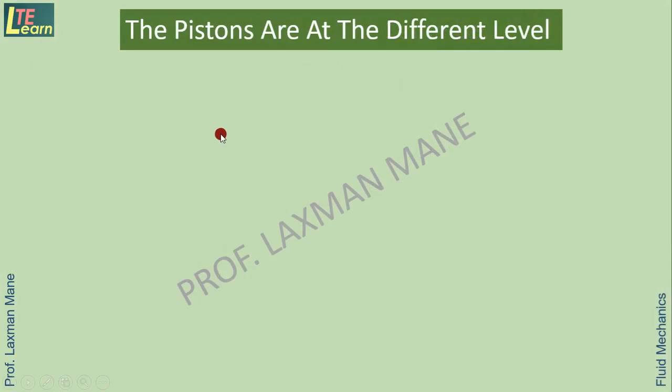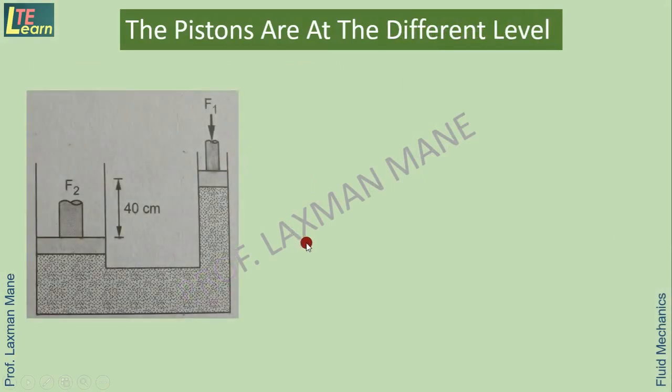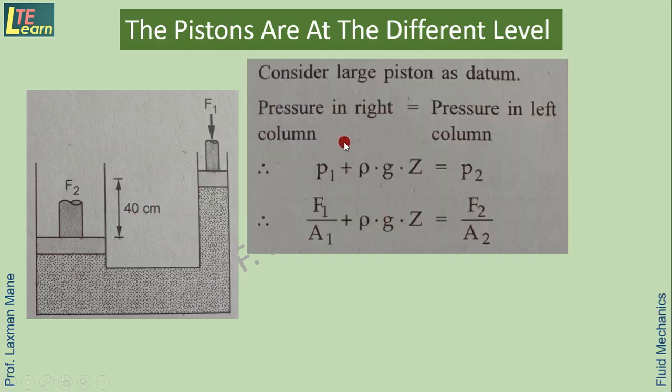Then the second case, when the pistons are at different levels. Here in this diagram we see the larger piston is at a lower height than the smaller piston by 40 centimeter. For that we will write the formula: pressure in the right column will be equal to pressure in the left column.